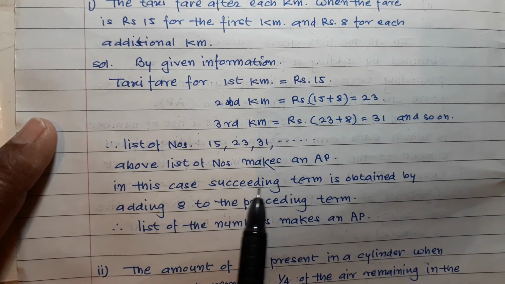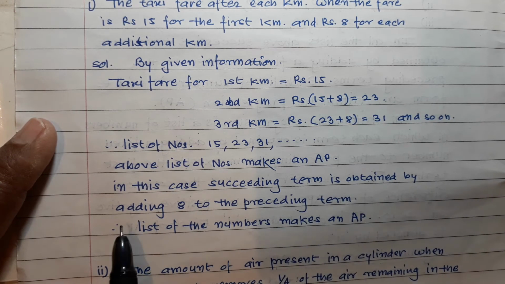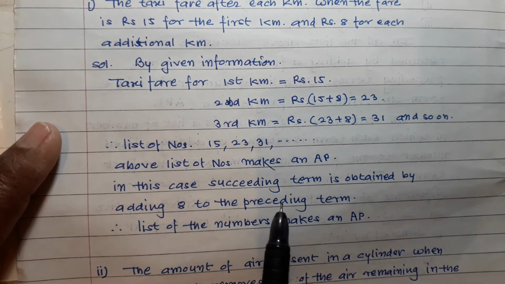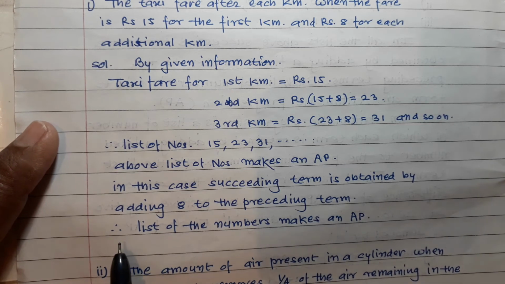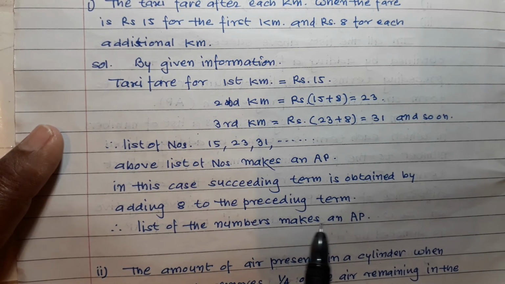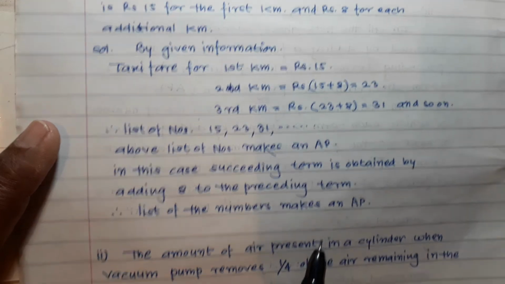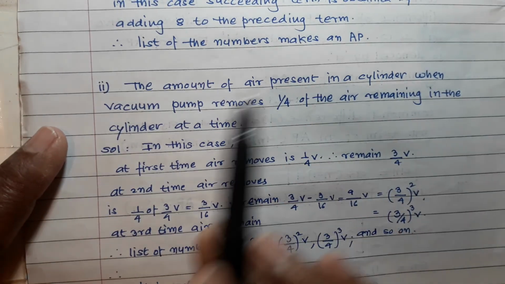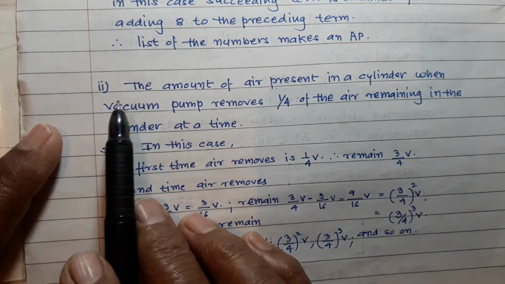In this case, the succeeding term is obtained by adding 8 to the preceding term, so the list of numbers makes an AP. Okay, now try to understand question number 2.